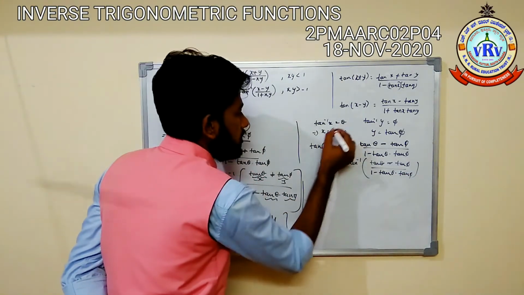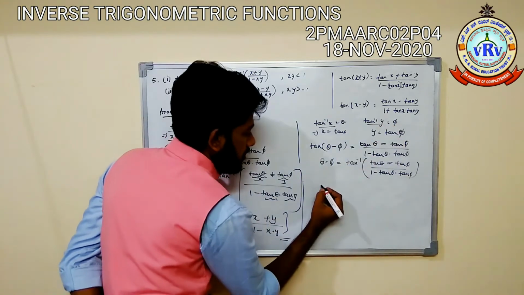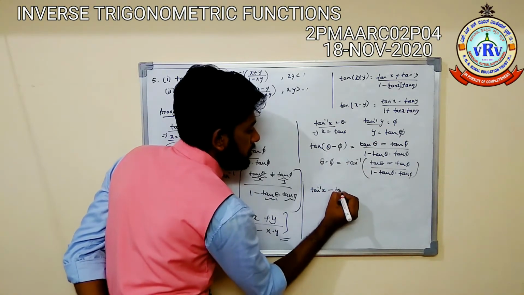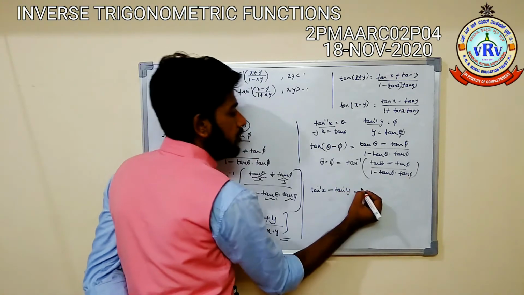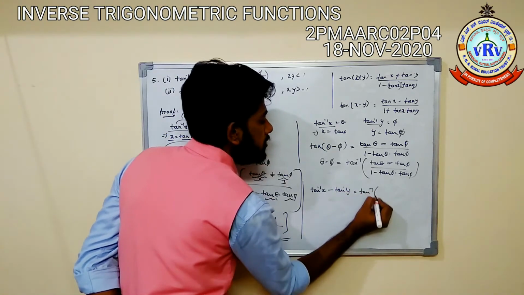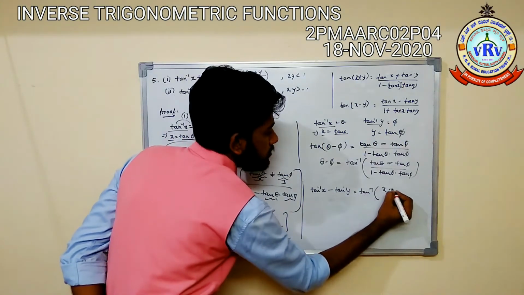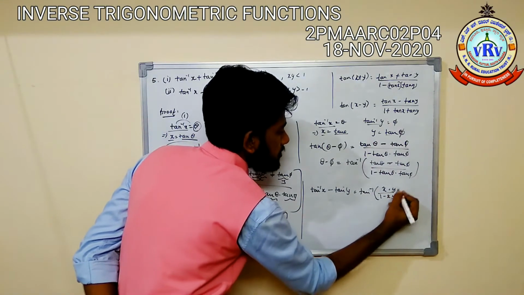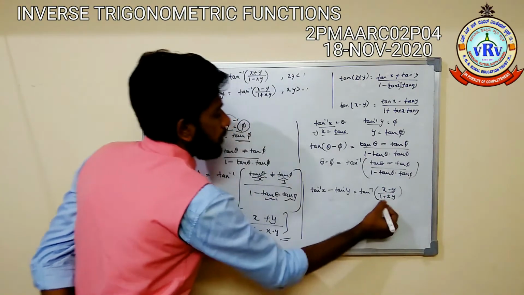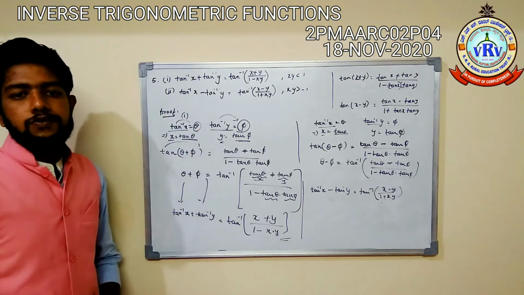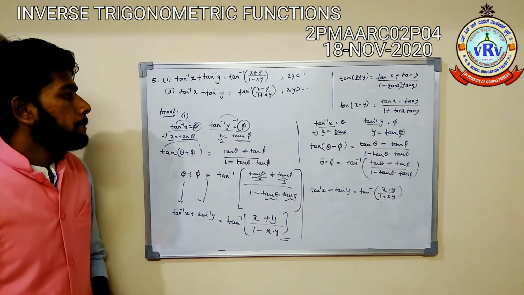So just replace theta as tan inverse of x, psi as tan inverse of y, is equal to tan inverse, and now I am replacing tan theta as x, tan psi as y, x minus y divided by 1 plus xy. This is our proof for the second part of the fifth property.